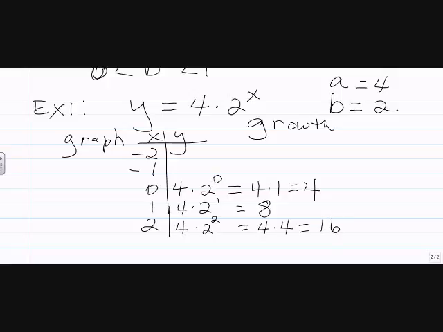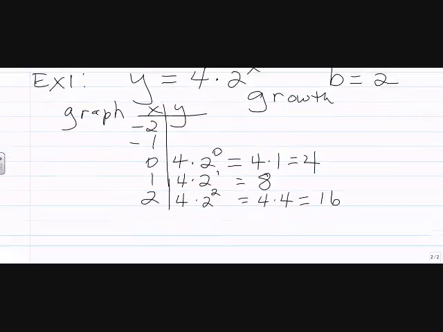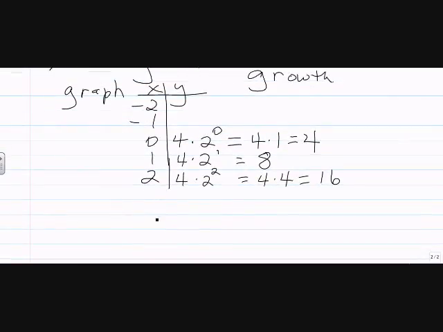What would the next number have been if I had asked you for 3 or 4? 32. What's the number after that? How are you getting these? Doubling. All right, let's work backwards. 16, 8, 4. What should the next one up be? 2.